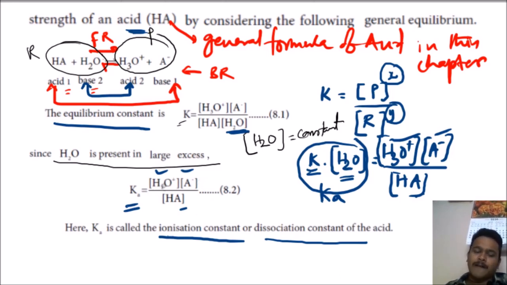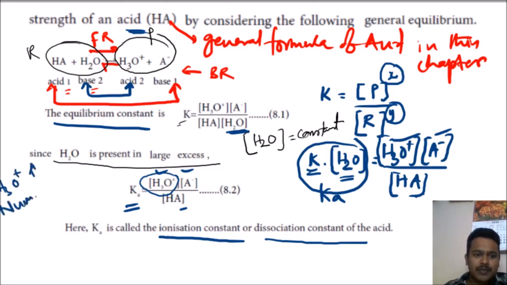H3O plus. That means H plus released by this acid is more in quantity. More number of H3O plus ions are there, which means the numerator is more.